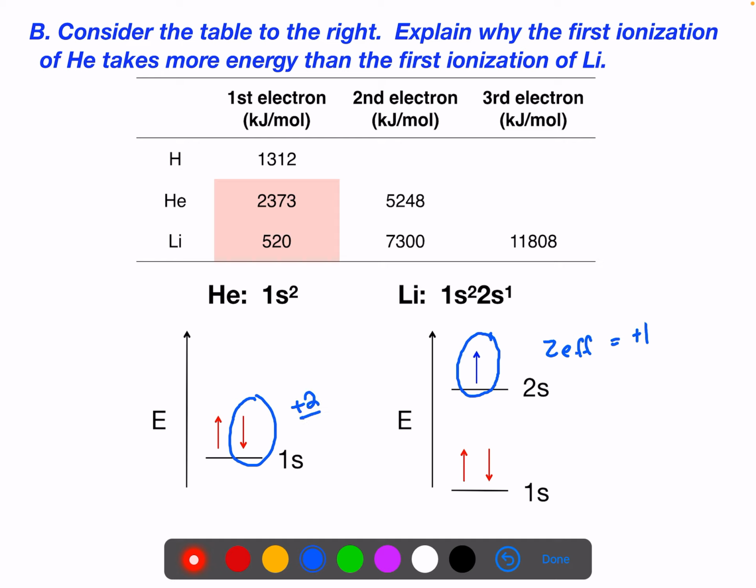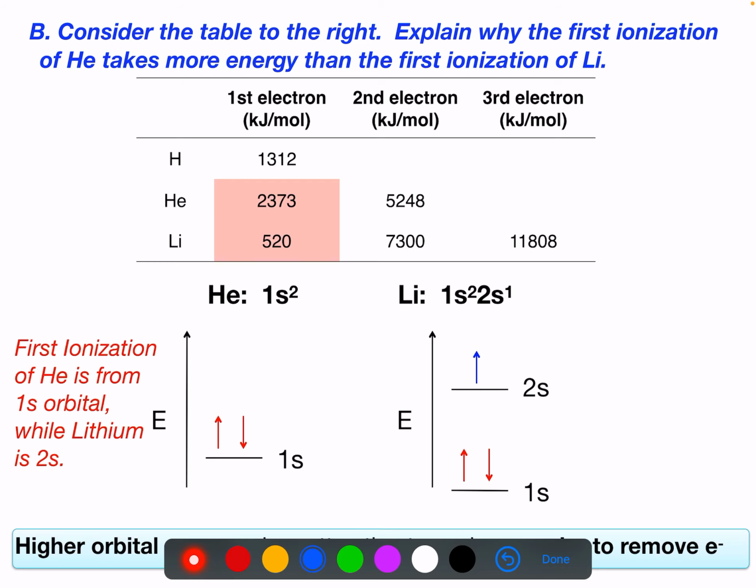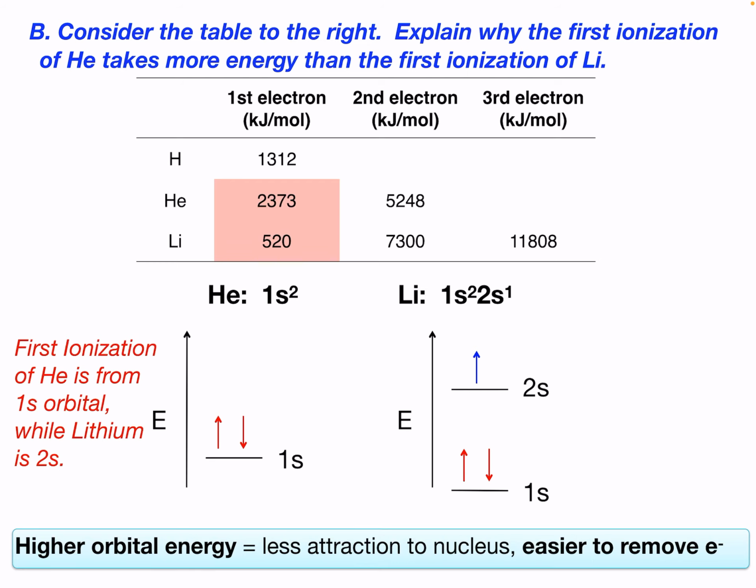So it's going to be much harder to remove that helium electron because of the greater nuclear charge, and it's closer to the nucleus than the lithium. The lithium electron being in a 2s orbital makes it much easier to remove than the helium electron in the 1s orbital.